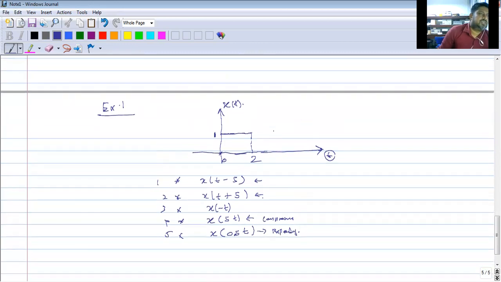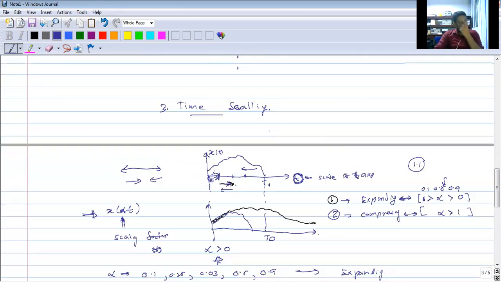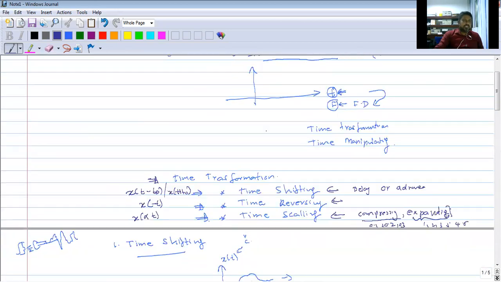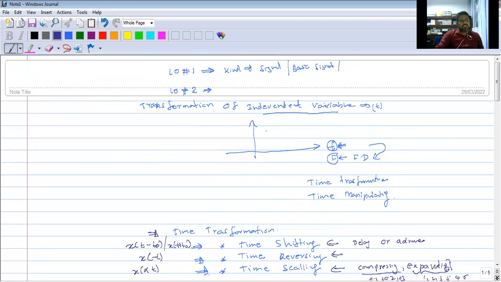Actually, these techniques are very important because this is a key concept in signal processing.